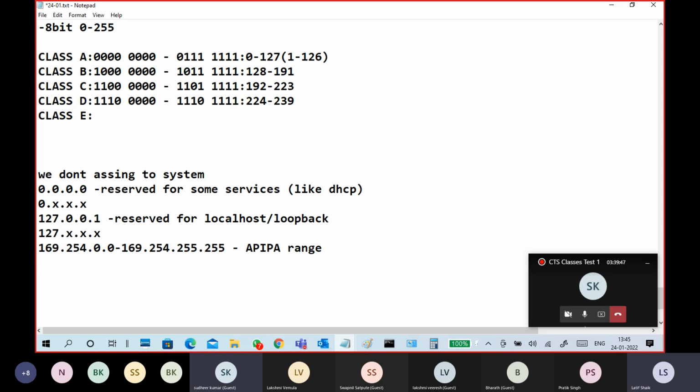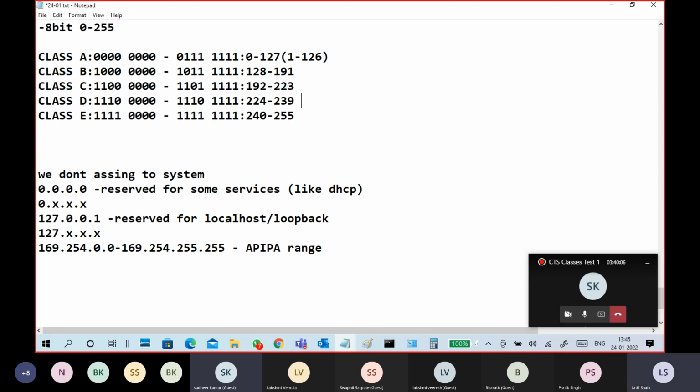Then class E. The next number is 111000. We don't need to do anything here, just all ones. It's the finishing one, so up to 255.